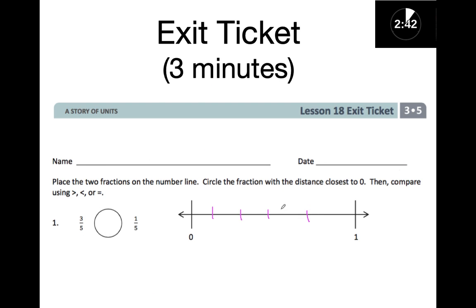So we have 1, 2, 3, 4, 5. We knew that this was 1/5. Okay, we know that this is 3/5. Okay, so I wanted us to look at, is this one bigger or is this one bigger? If you said that 3/5 is bigger, you are correct.